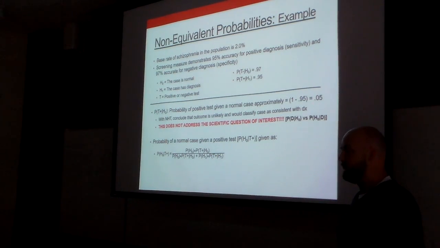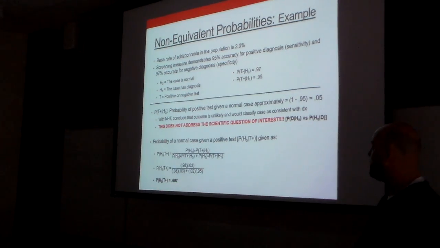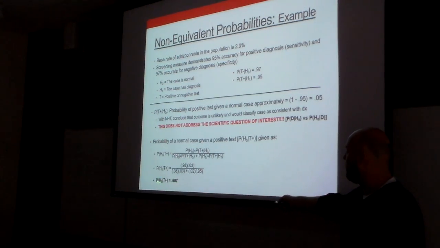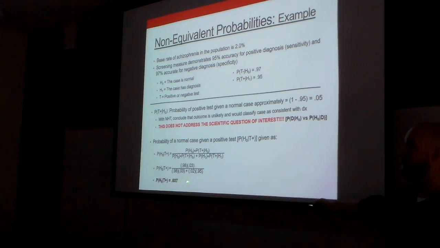You don't have to worry about this. I'm not going to make you do all this. But if you trust me that this is what goes on in order to answer this question, we go through and we see the probability of a normal case getting a positive test isn't actually rare at all. It's quite common. For a false positive, right?